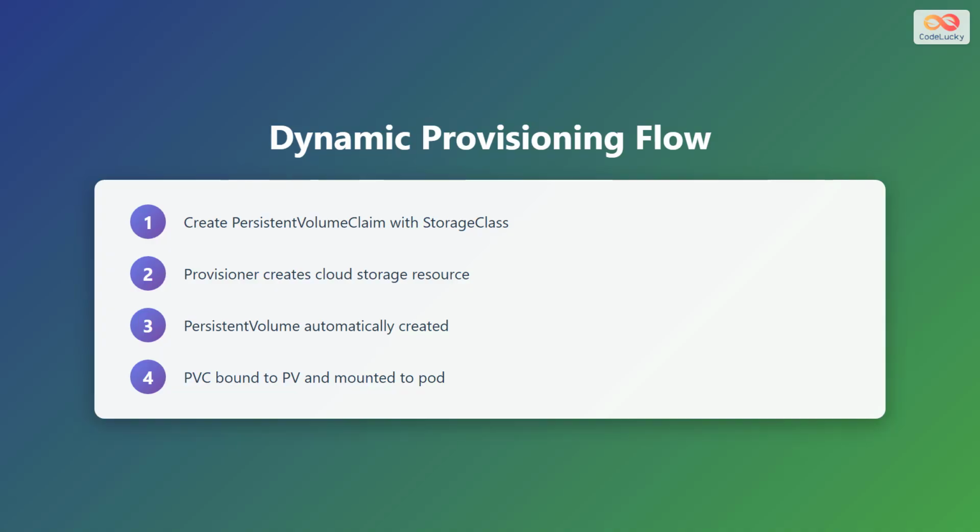Third, Kubernetes automatically creates a persistent volume object that represents this cloud storage. Finally, the PVC is bound to the PV, and the storage is mounted to your pod, making it available for your application to use. This entire process happens automatically without manual intervention.